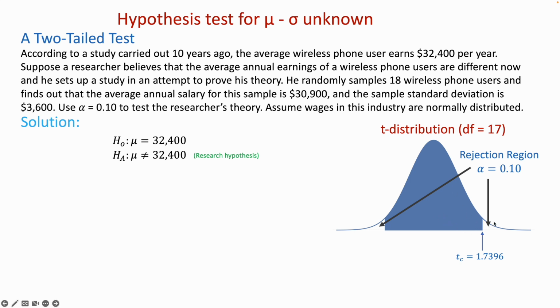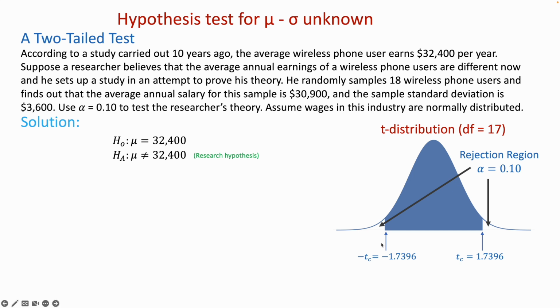Obviously, the t-distribution, like the normal distribution, is a symmetric distribution. On the other side, if this is 1.7396, we have another critical value here, negative 1.7396. So the negative of the one that is in the table is also a critical value if we have a two-tailed test.